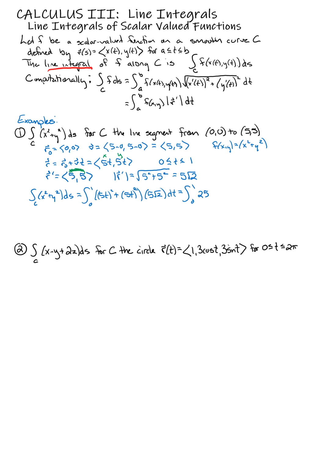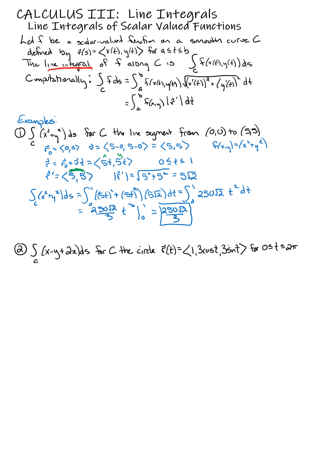Looks like that's going to be 250 square root of 2 t squared dt, which is 250 square root of 2 over 3 t cubed, evaluated from 0 to 1, which is just 250 square root of 2 over 3. And there we go. Not so bad.